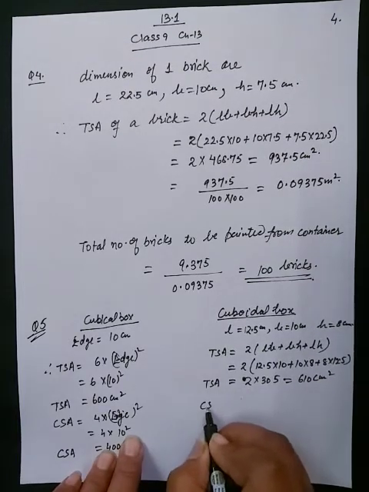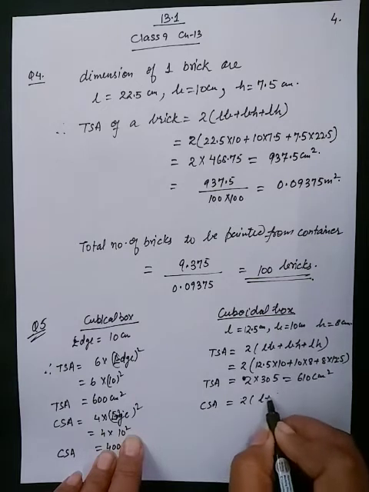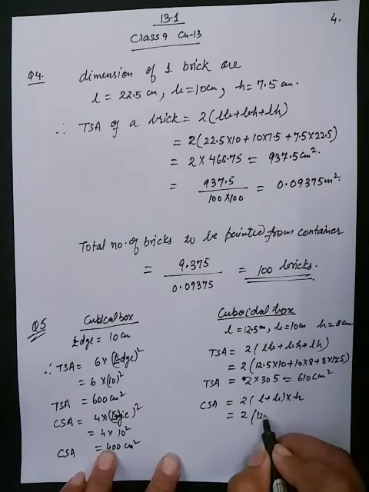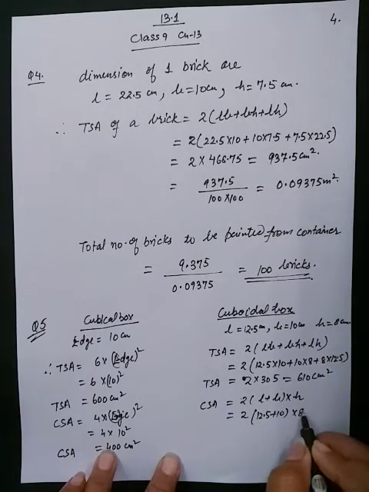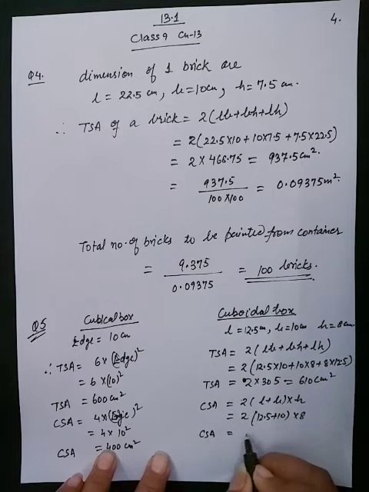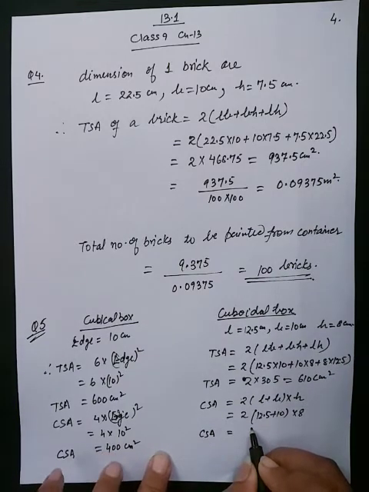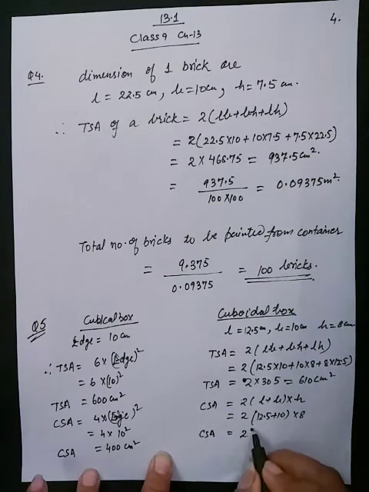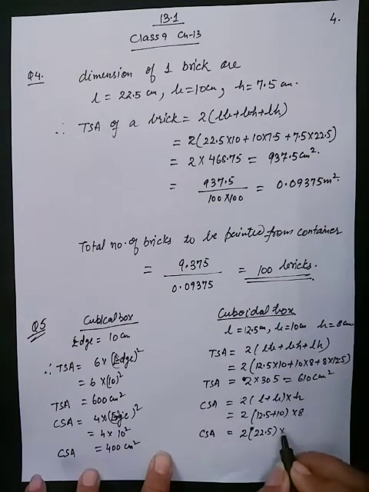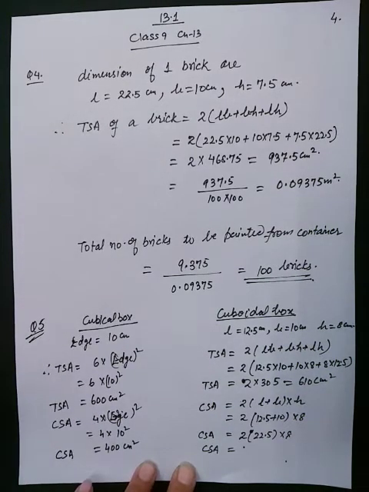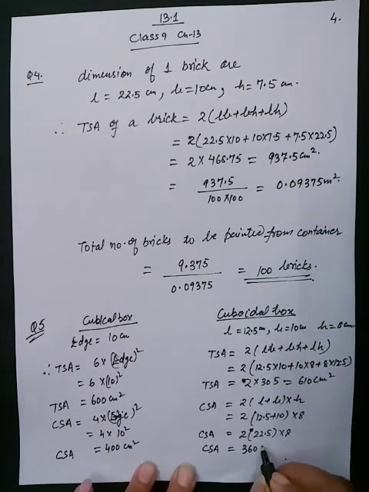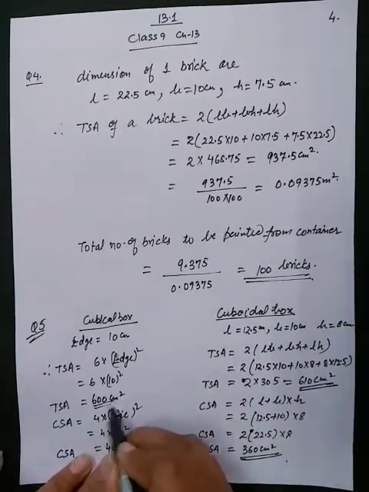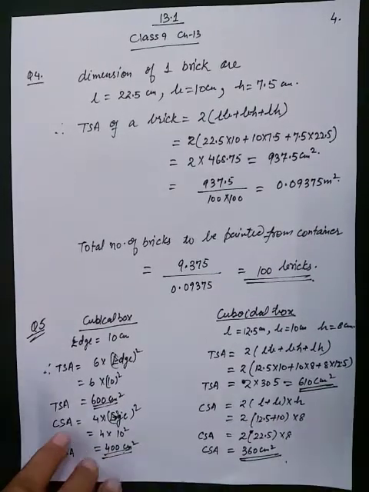Now we have to find its CSA. 2 into (L plus B) multiplied by H, and 2 into (12.5 plus 10) multiplied by 8. Its CSA will be 360 centimeter square. Now we have to compare TSA with TSA and CSA with CSA.